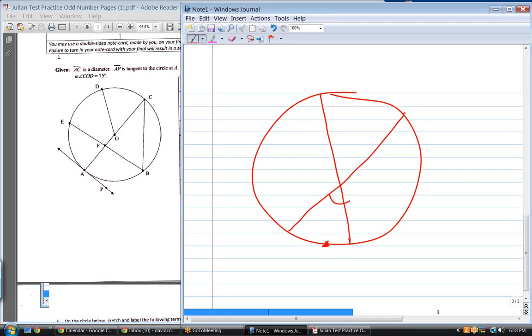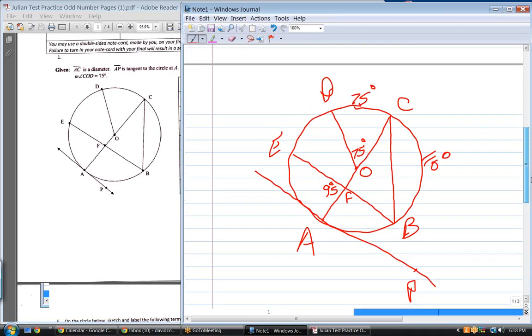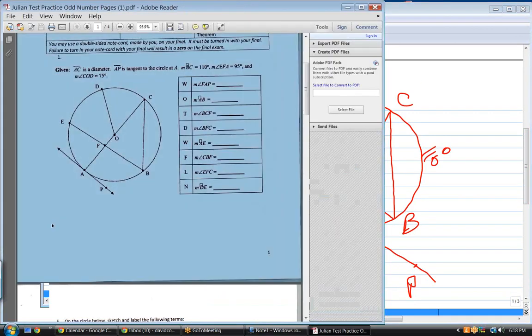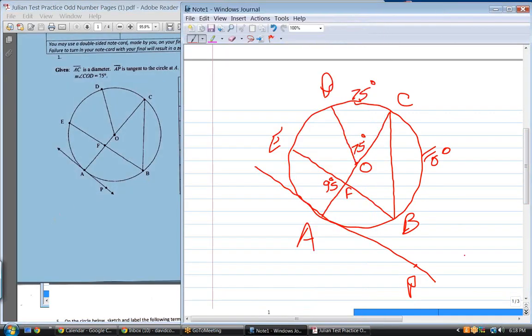Okay, so those are your primary rules that are going to affect our answers here. So we figured out DC, we figured out CB. Now let's go back and see what they want. They want the measurement of AB.